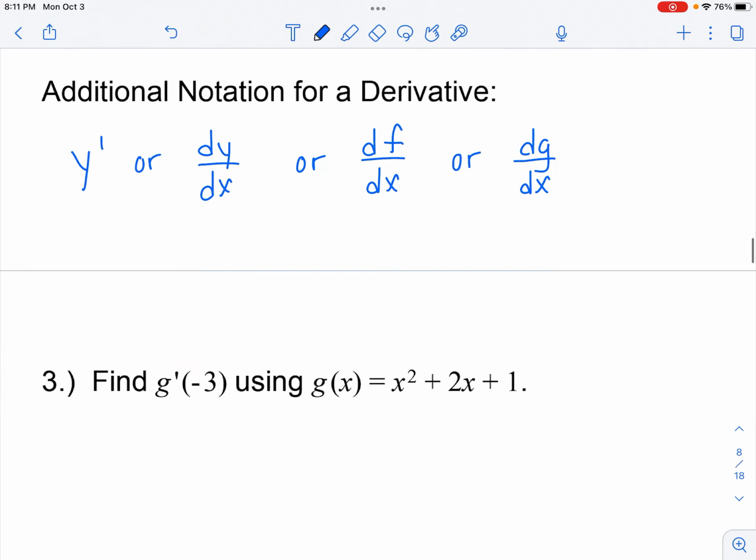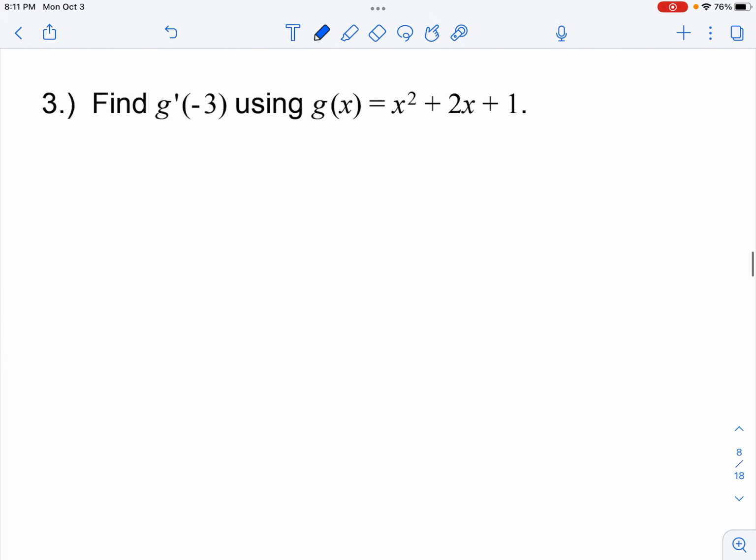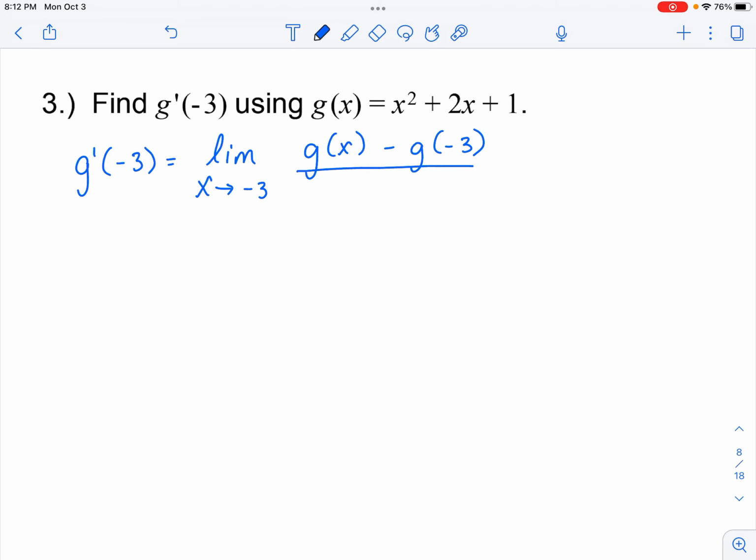All right, so problem number 3, here we go. We want to find g prime of negative 3 using this particular quadratic function, okay? So we're going to do g prime of negative 3 is equal to a limit, this time as x approaches negative 3 of g of x minus g of negative 3 all over x minus negative 3, okay?